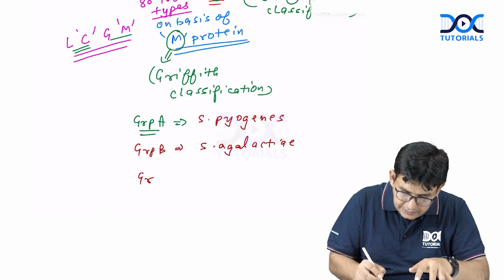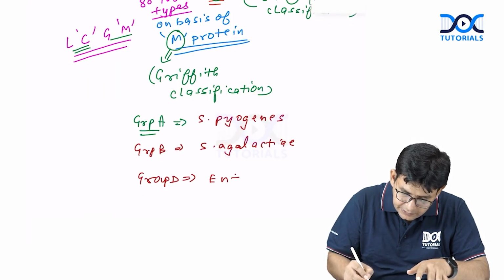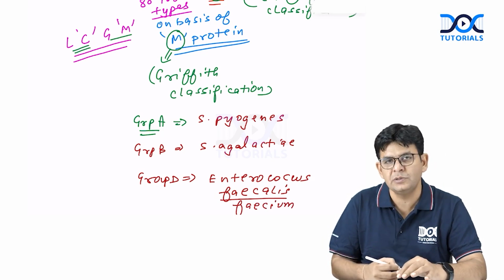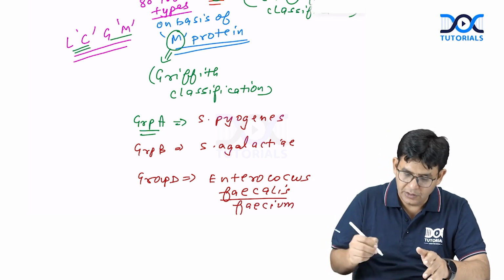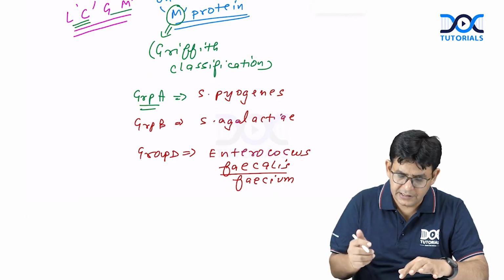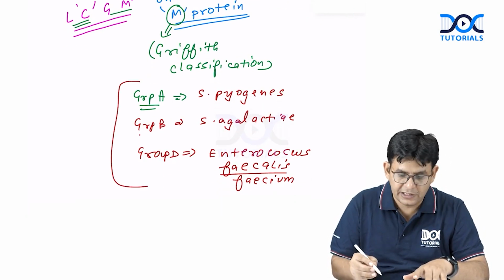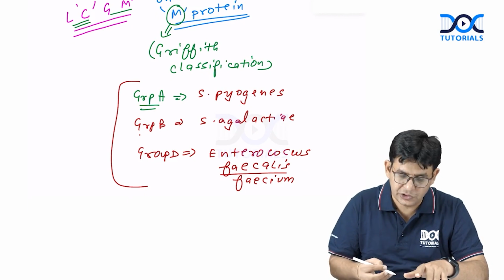Then in group D, we have Enterococcus faecalis and faecium. And this one is a bit controversial also. Some say it is not like that, but still it's grouped like that.